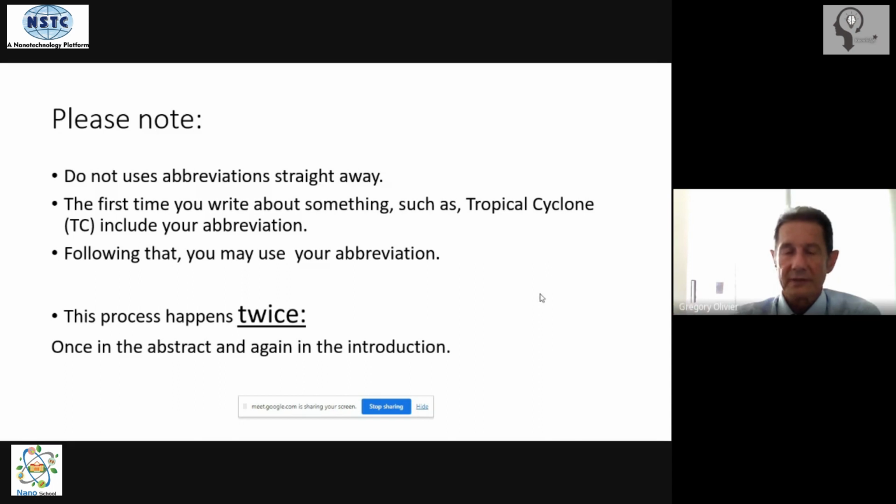Now, this process happens twice. It happens in the abstract, and it also happens again in the introduction, and so forth and so on. So you do it once in the abstract, and once in the introduction, and after that you may use your abbreviations.